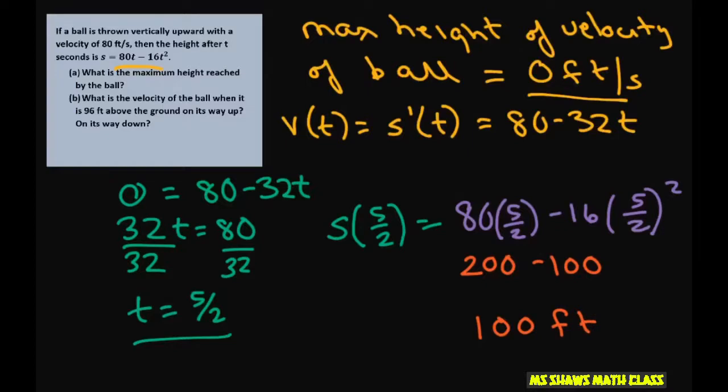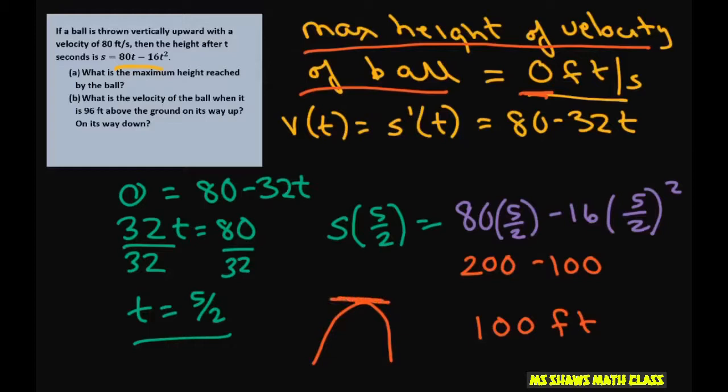So that's the maximum height of the ball. And remember, the velocity is equal to 0 there, because that's flat right there. At this time, it's not going up and it's not going down.